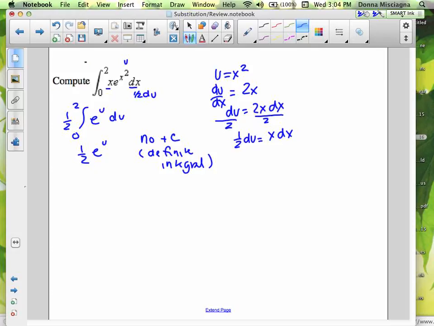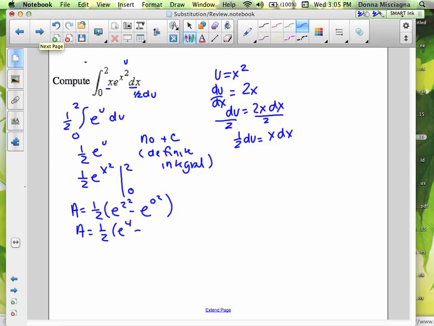We've got to substitute back. So it'd be 1/2 e to the x squared, and we're evaluating that from 0 to 2. So then our answer, I'll just call it an area, accumulation, whatever you want to think of it as, would just be 1/2 times e to the 2 squared minus e to the 0 squared, which would be 1/2 e to the 4th minus, and then this would just be 1.